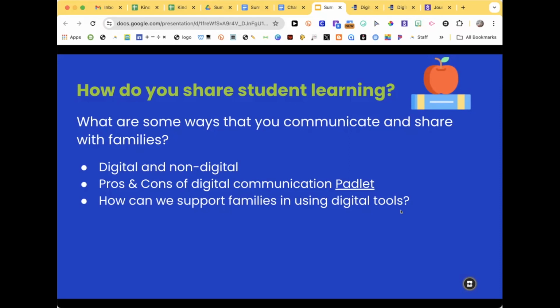So that's what our focus of this conversation this morning will hopefully be: how can we empower those students to be sharing their learning in authentic ways. Seesaw would be one of those. We're going to share a few other ideas on here as well.